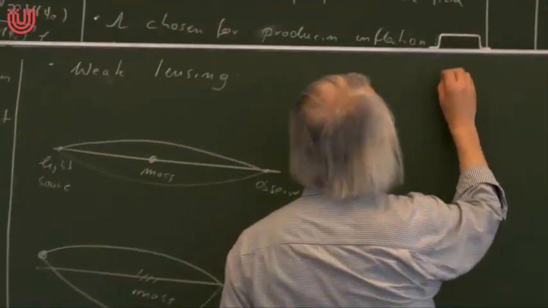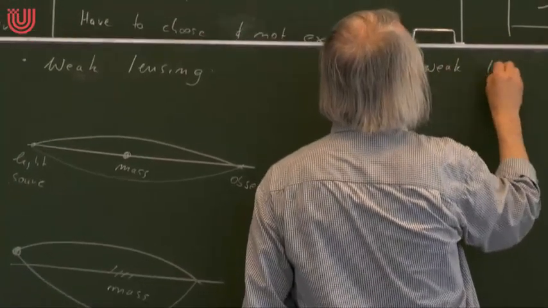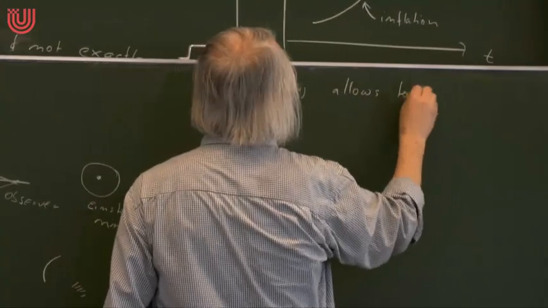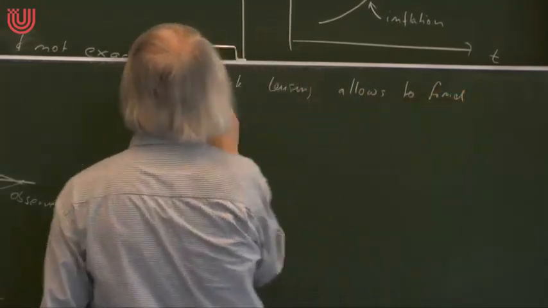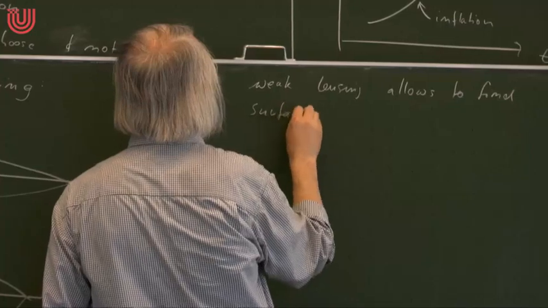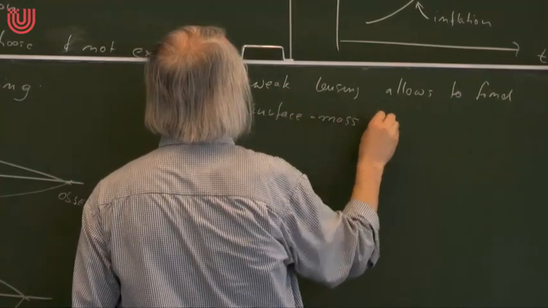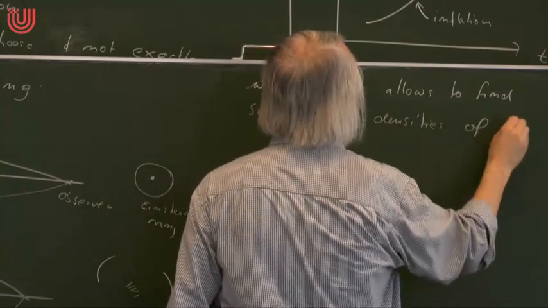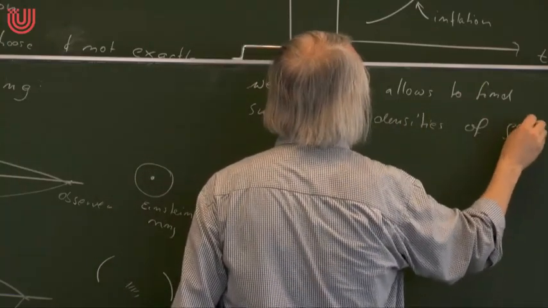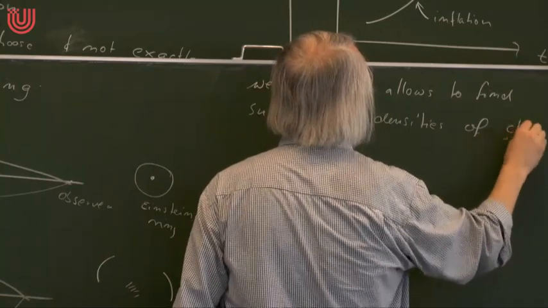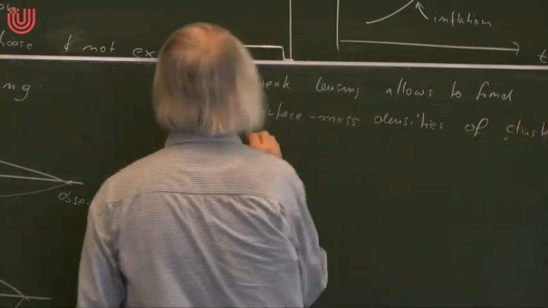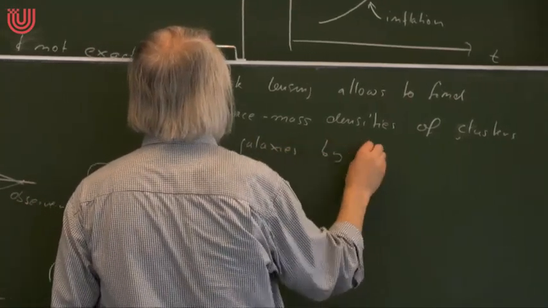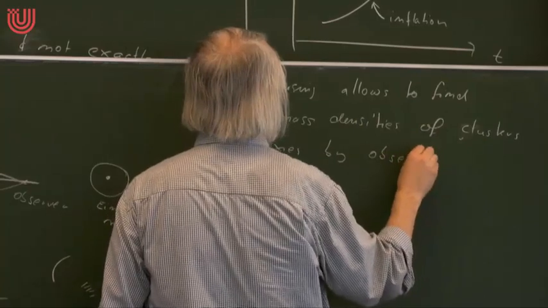So weak lensing allows to find surface mass densities of clusters of galaxies by observing the shape of background galaxies.